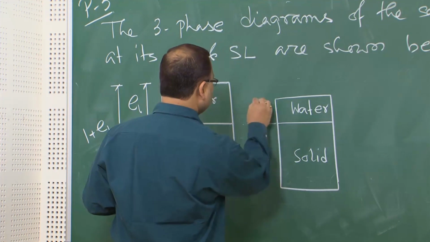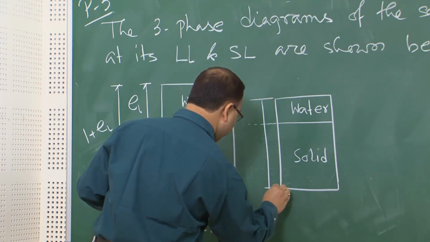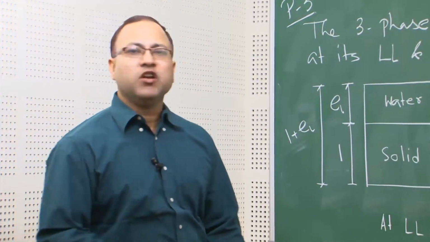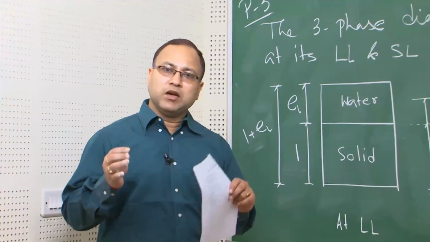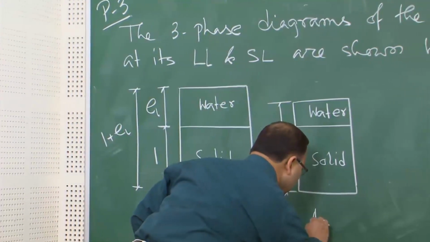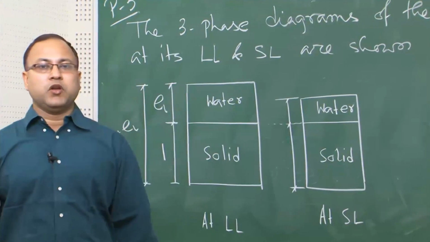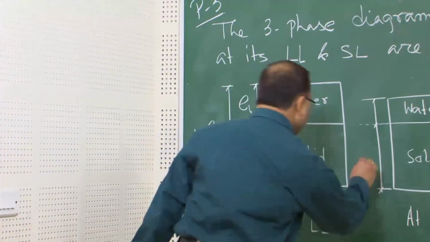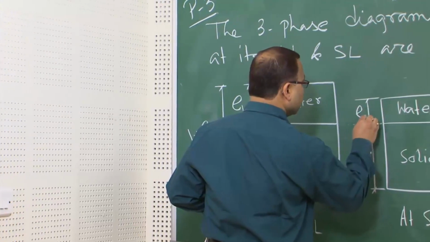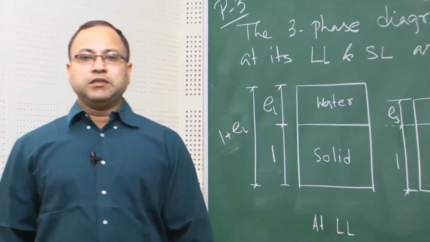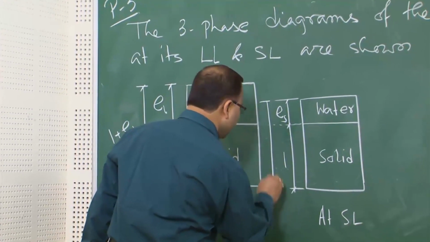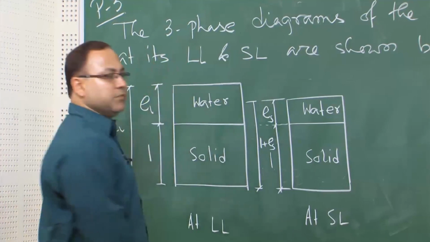The volume of soil solid will not change at all, because you are dealing with the same soil sample, going from the liquid limit to the shrinkage limit. Nowhere are you changing the solid particles, so the volume of solids remains the same, unity. We consider the volume of water at shrinkage limit as ES. So the total volume at shrinkage limit will be 1 plus ES, very simple.